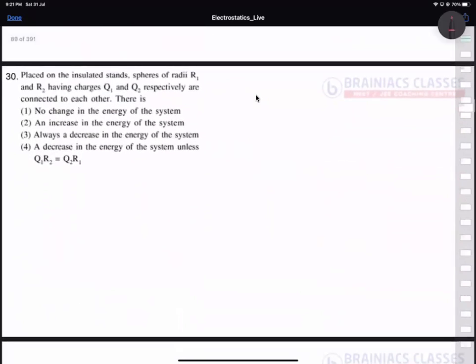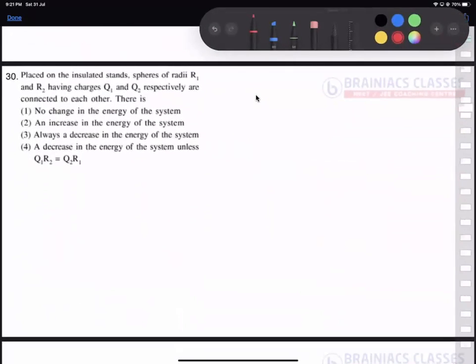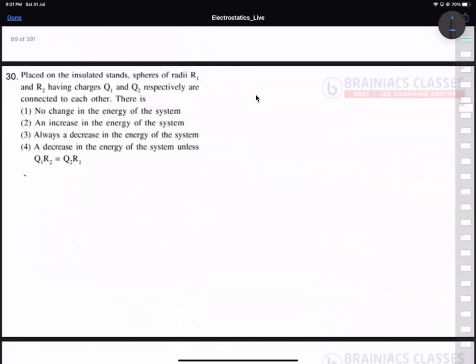The 30th one. Now, what is the 30th question speaking about? Two spheres of radius R1 and R2 are placed on insulating stands, having charges. Two spheres will be there.